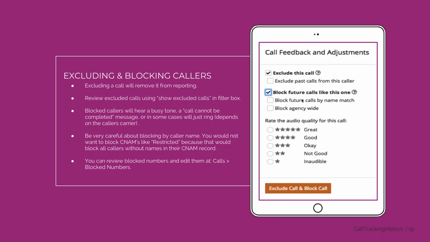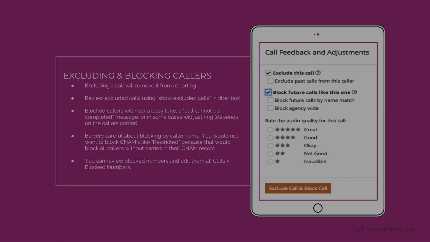Make sure that it's not something like restricted, because that will block all restricted calls. I would recommend really doing this when it's just a person or not a company. So that is the flag, which will give you the option to grade the call quality as well as exclude and block calls.